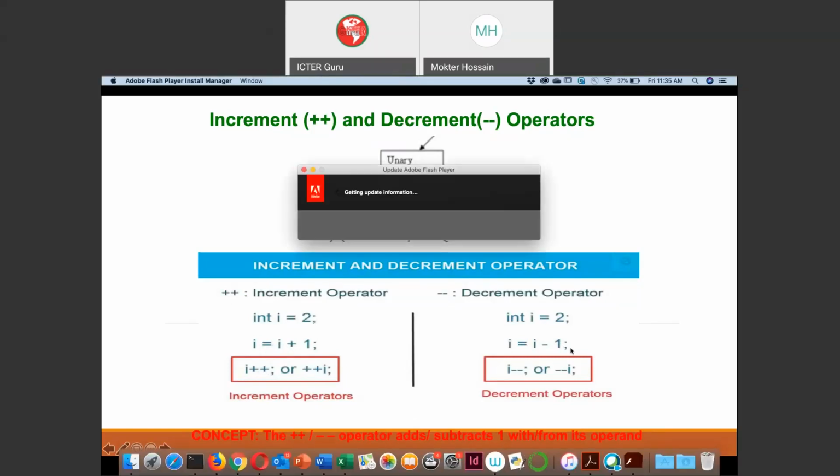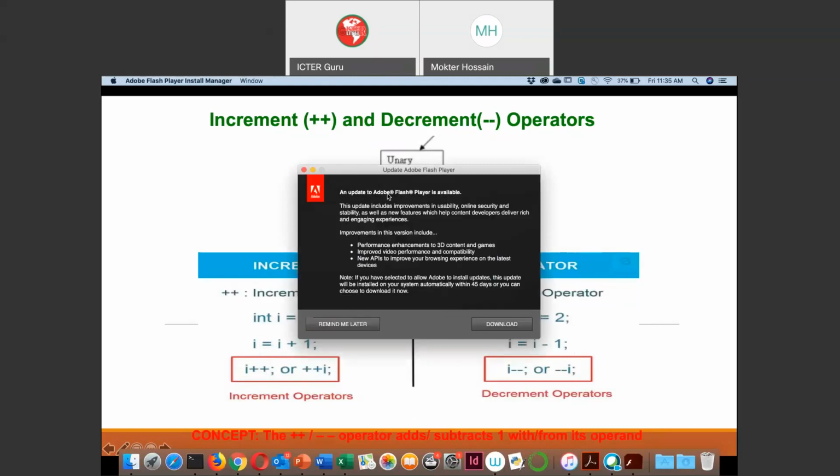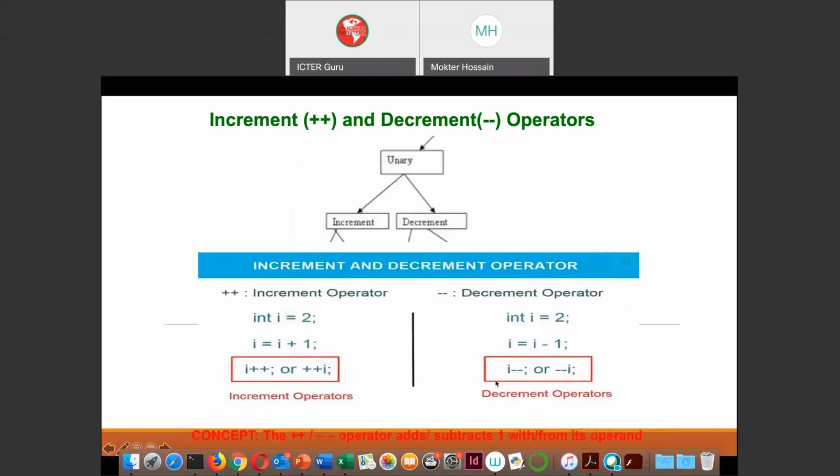Similarly, the minus minus operator is called the unary decrement operator. It decrements its operand by 1. So if I say I minus minus, that means I equal to I minus 1.